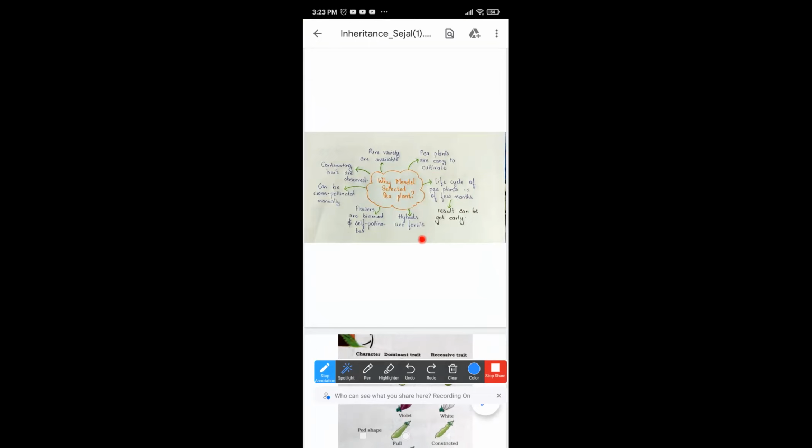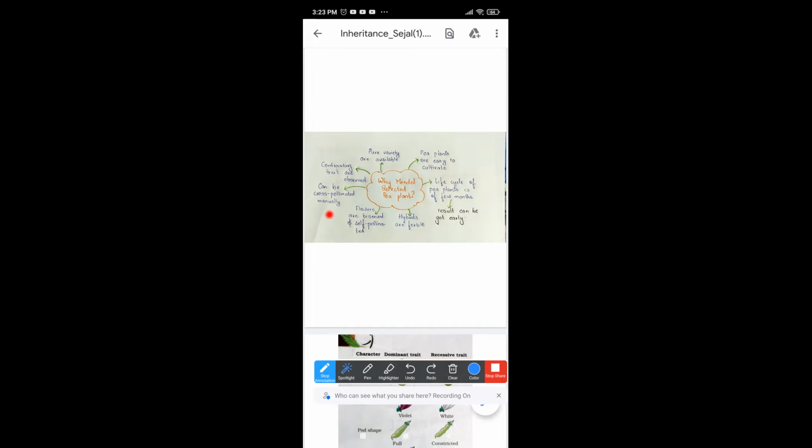Hybrids are fertile. Pea plants have hybrids which are fertile. Flowers are bisexual and self-pollinated. The flowers are bisexual, that is, they contain both male and female parts, and they are self-pollinated. They can be cross-pollinated manually.